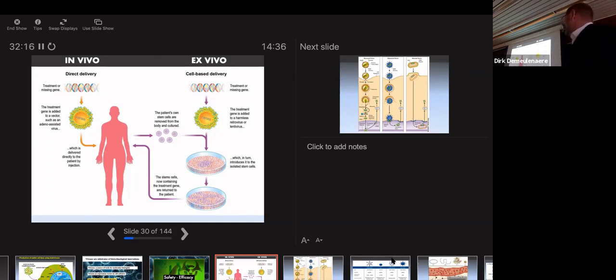You can also adopt some selection process and control that the modification you want has been done. And then finally, you re-inject these modified cells into the patient. So that's this real classification: in vivo, ex vivo.